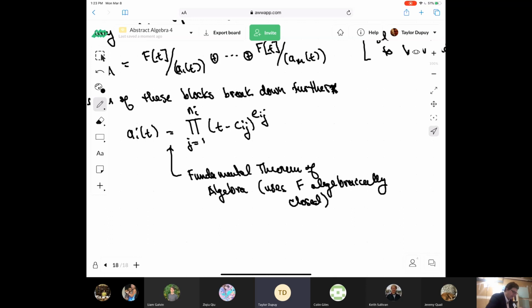Algebraically closed means that every polynomial with F coefficients has a solution in F. That's the definition.